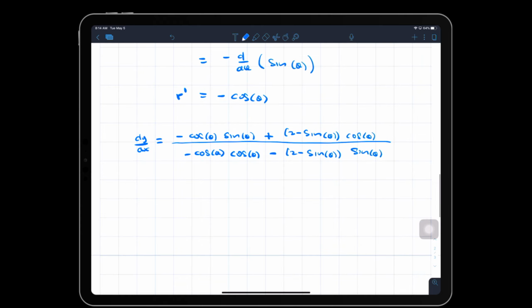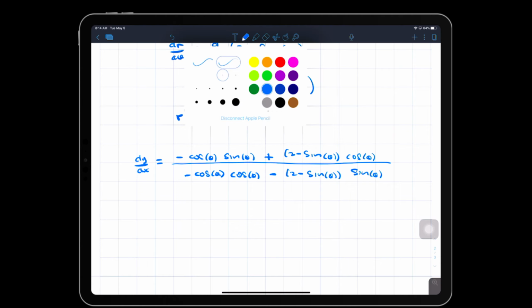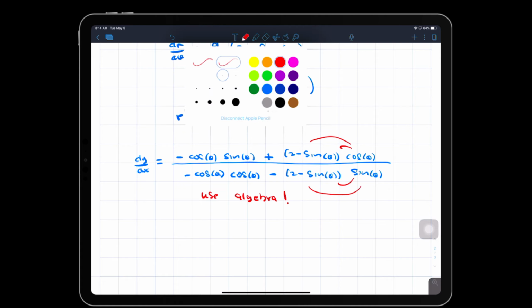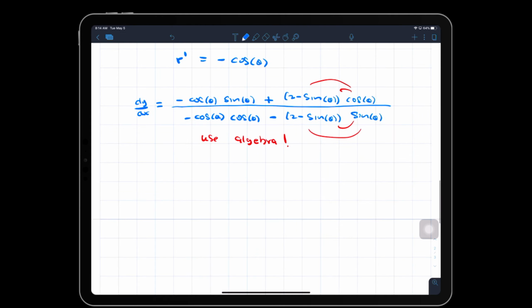So at this point, what you can do again is use some algebra, right? And I'll write it down here. You might say use algebra 2 to multiply, distribute, because you can actually simplify this, hopefully.